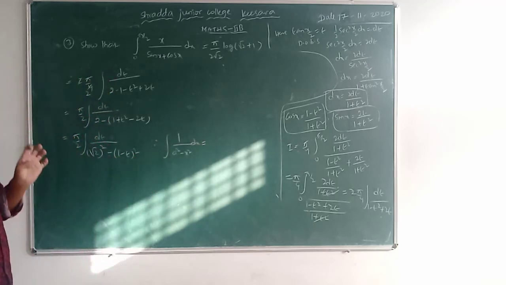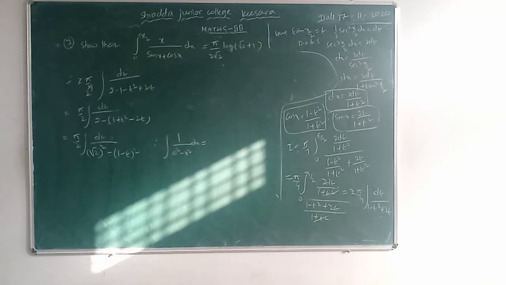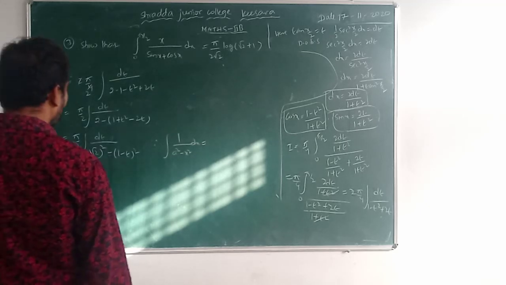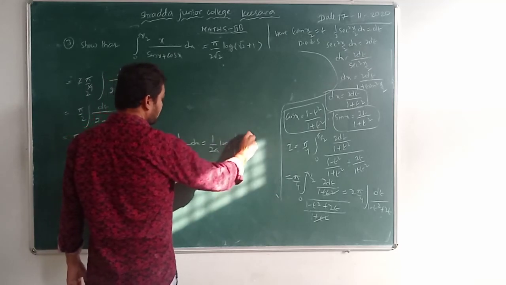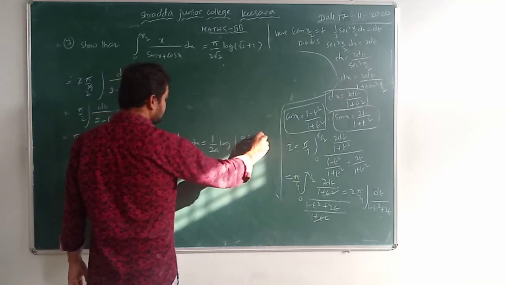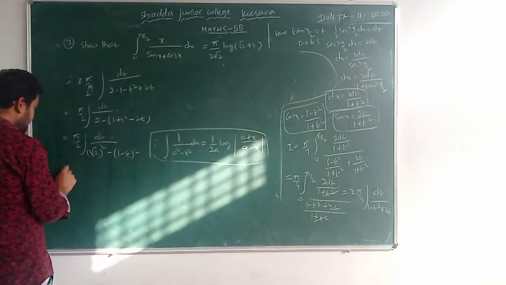Already we know the formula for the integration of 1 by (a square minus x square) dx. What is the formula here? 1 by 2a into log of mod (a plus x) by (a minus x). So apply this formula here.